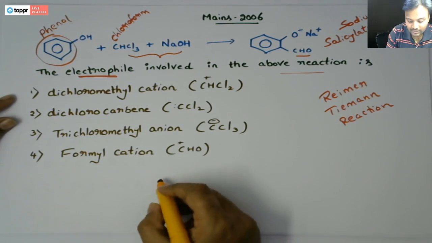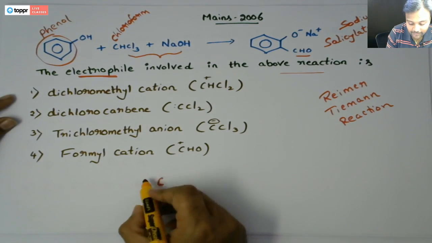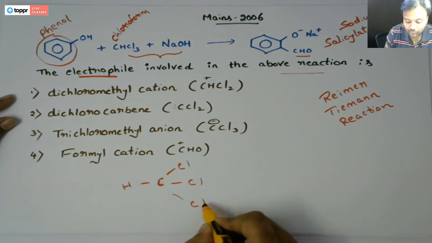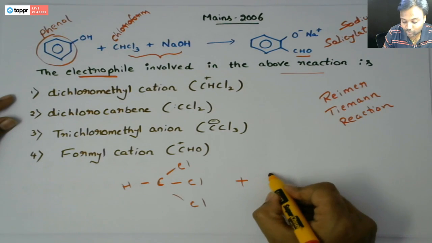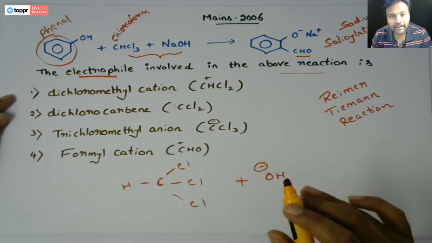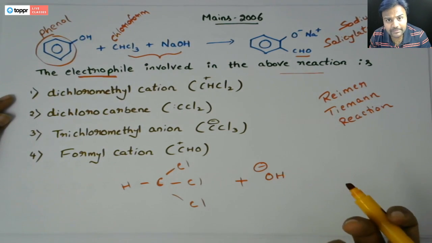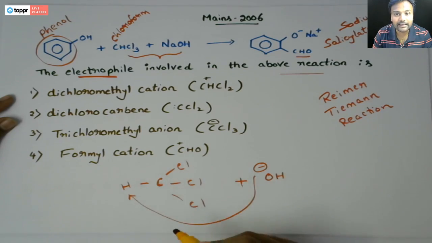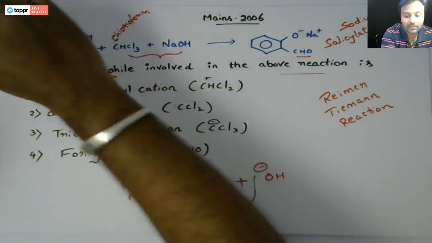What is that? Chloroform. See how I'm writing the structure. CHCl3, chloroform. When treated with a base like sodium hydroxide, what is the role of the base? A base is a substance that abstracts a proton, means it takes the proton. What happens to this proton?